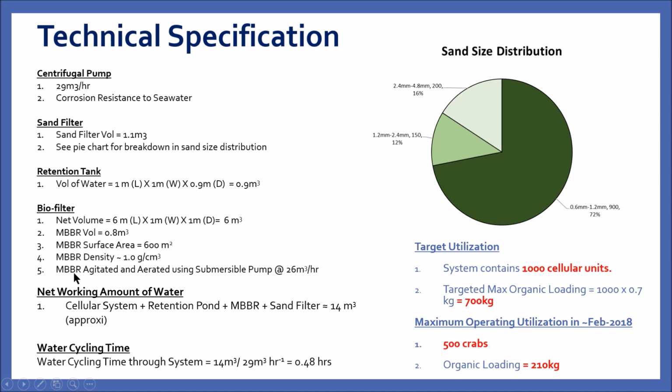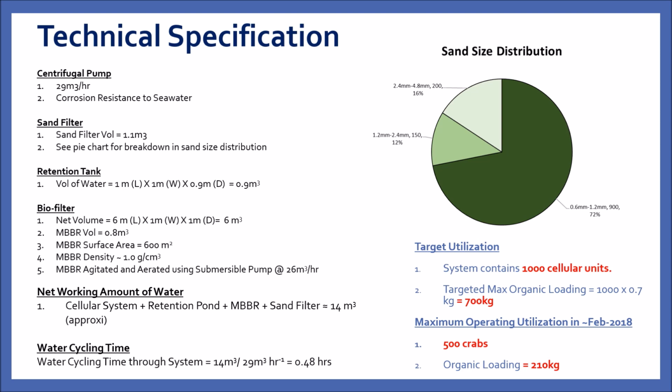The moving bed bioreactor is agitated and aerated using a submersible pump, as well as the pump that is used to pump through the sand filter. The amount of water we have in the system will consist of what we have in individual boxes, which is about 7 to 7.5 liters per box.